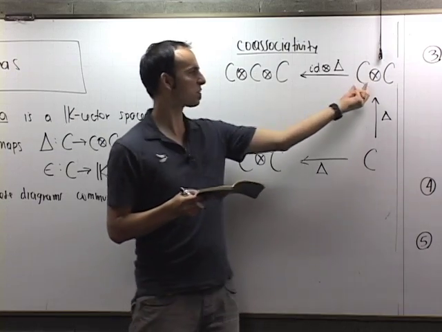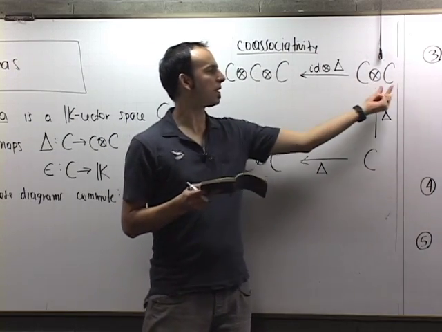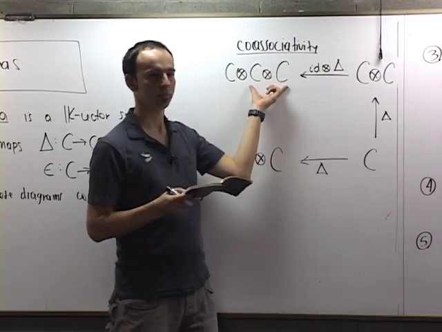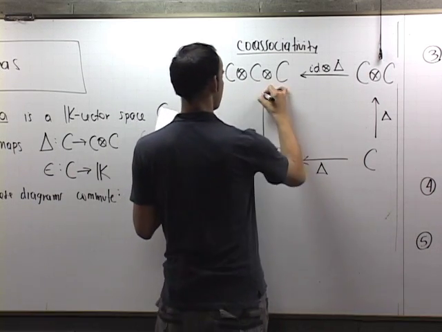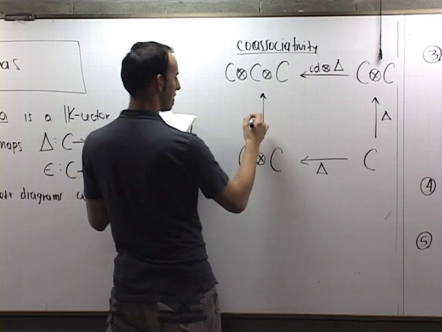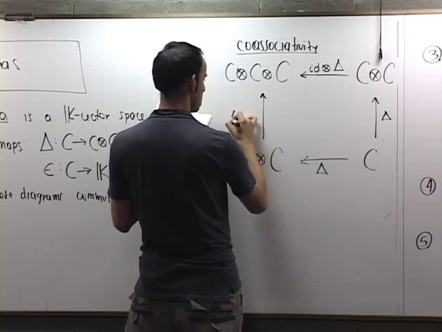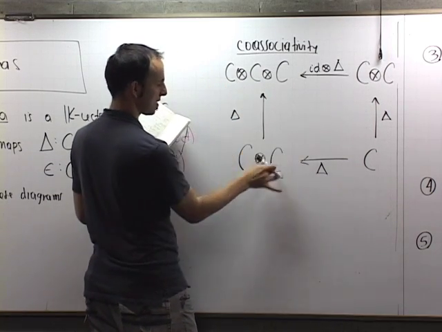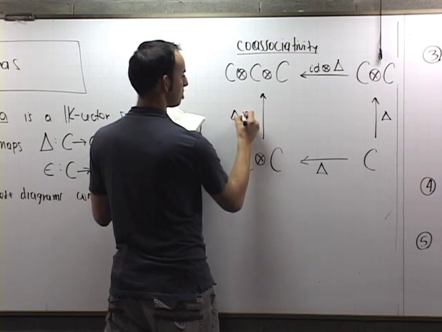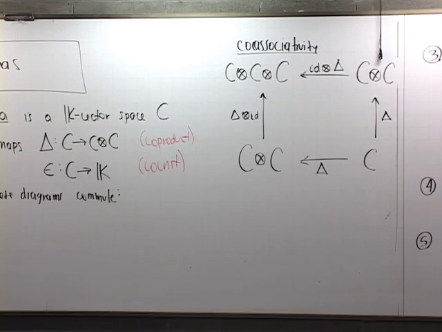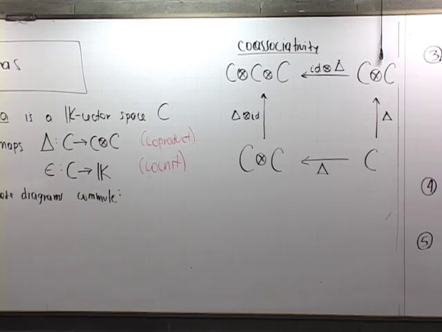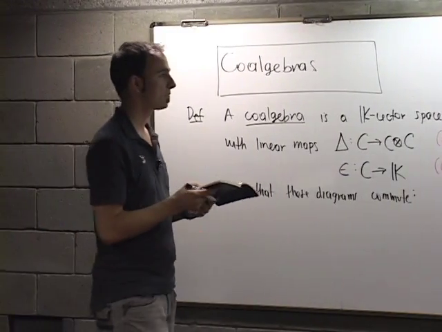So this map takes the first coordinate and leaves it alone, and takes the second coordinate and applies delta to it. Okay? And here I do the same thing but backwards. So I take the first coordinate and I apply delta to it, and the second coordinate I leave alone. Okay? And I want this to commute. So this is some sort of coassociativity. Okay?